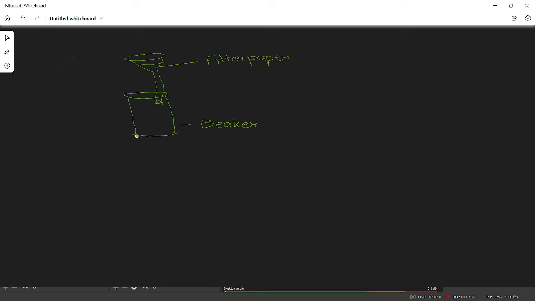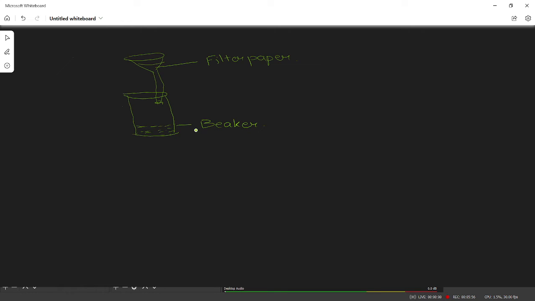Now we need to prepare the living tissues by mashing it properly in the mortar and pestle and using trichloroacetic acid. Now, after we have made a paste or slurry out of it, this slurry should be poured into this filter paper, and then we will find that as the liquid is passing down the filter paper, a filtrate will accumulate in the lower bottom of the beaker.